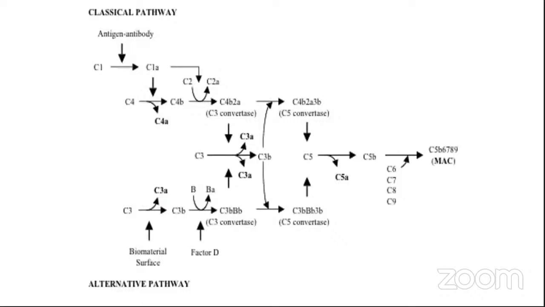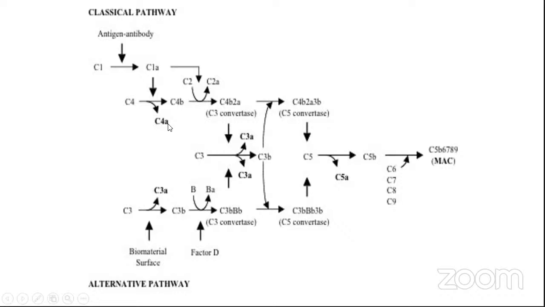So this is the classical pathway, where you can see you need an immunological reaction, so an antigen antibody complex. This C1 binds to the CH3 component of the antibody and it cleaves into C1A and C1B. So this C1A which gets activated will act upon C4, because after C1 in the cascade you have C4. This C4 will cleave into two dissimilar fragments, C4B, which is the larger fragment, and C4A, which is the smaller fragment.